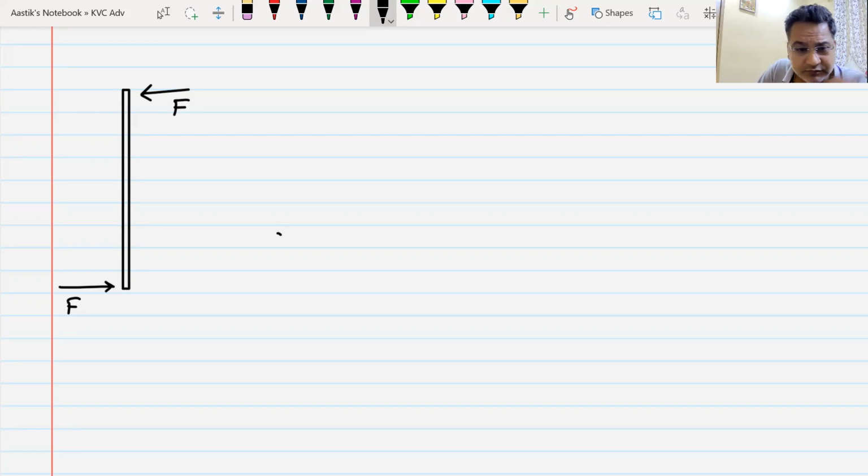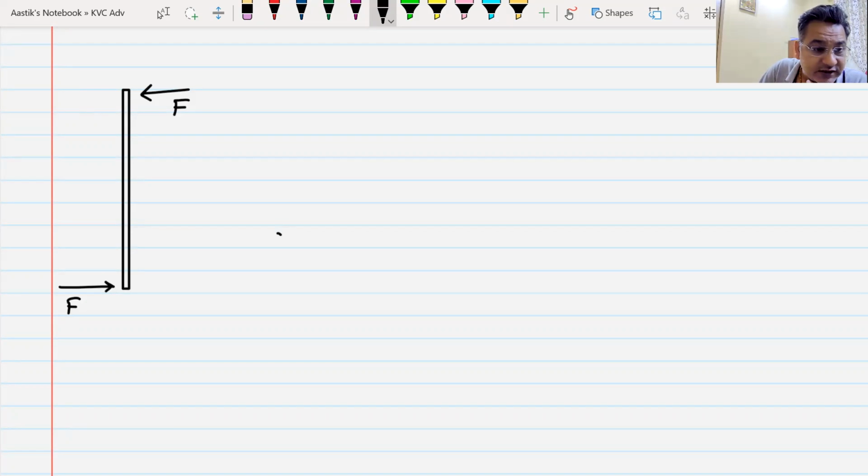Force is 0, so momentum should remain constant. But your torque is not 0, so your angular momentum is not conserved. Do we understand this? Yes, sir.